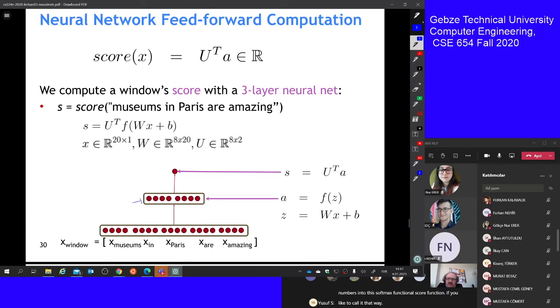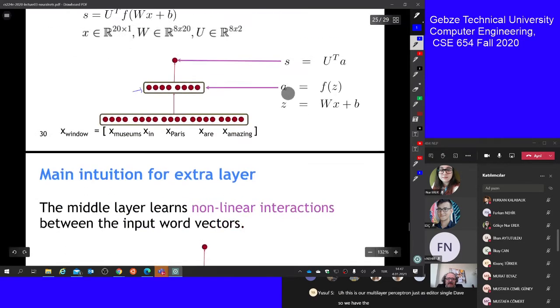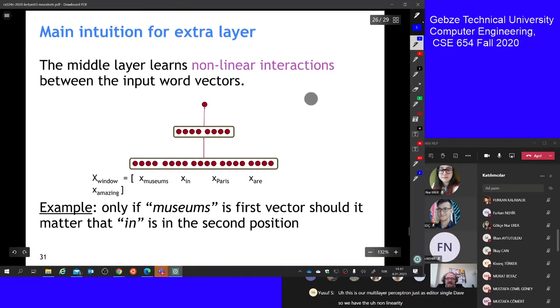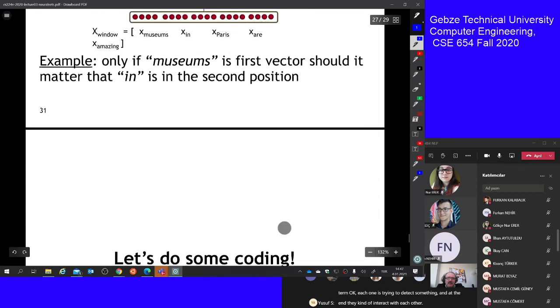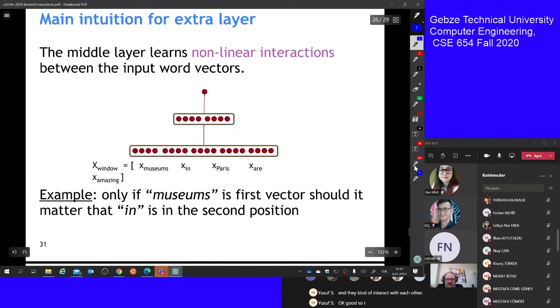So this is our multi-layer perceptron, just with a single layer added. So we have the nonlinearity defined in them. The middle layer learns nonlinear interaction between the inputs. Since each one knows about each term, each one is trying to detect something, and at the end they interact with each other.